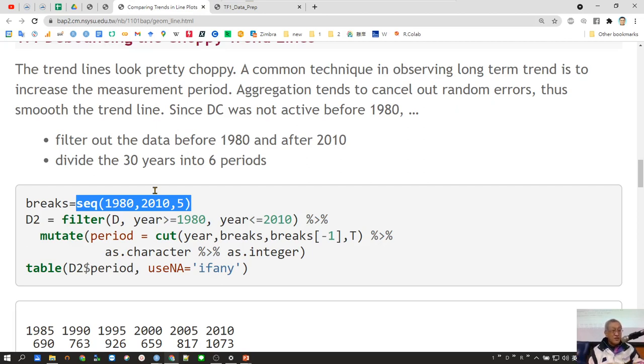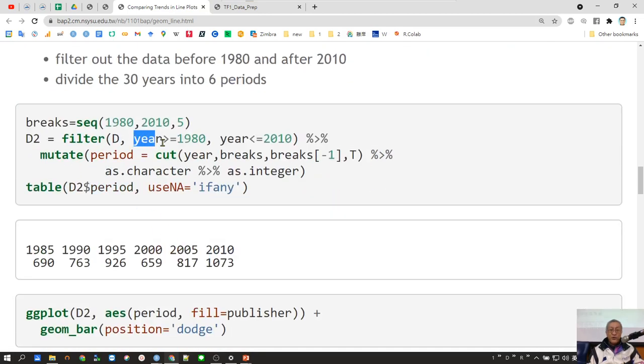So this seq function is to help you create a vector of equal breaks, okay?